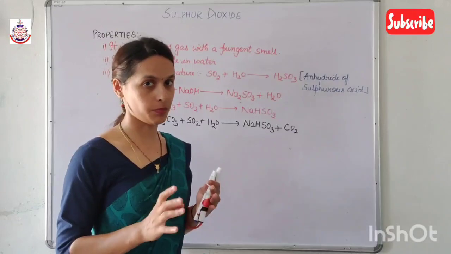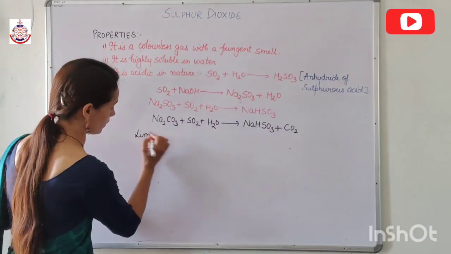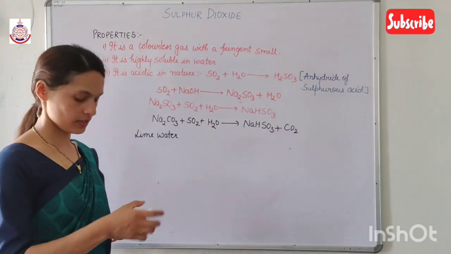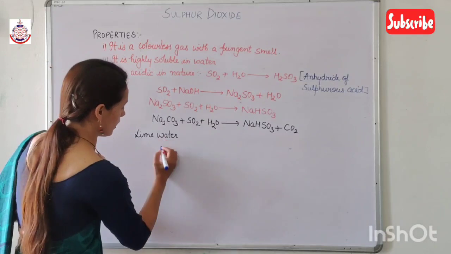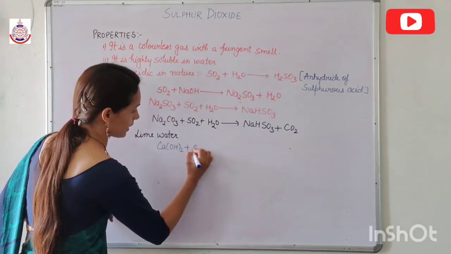The reaction is the same. So when we write the reaction with lime water: Ca(OH)2 plus SO2.